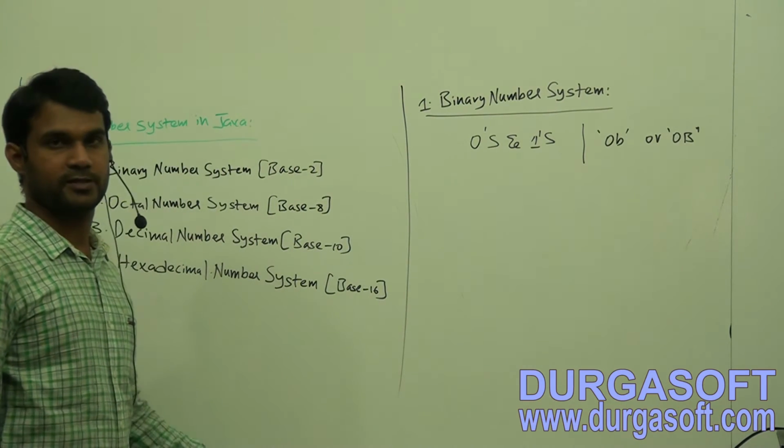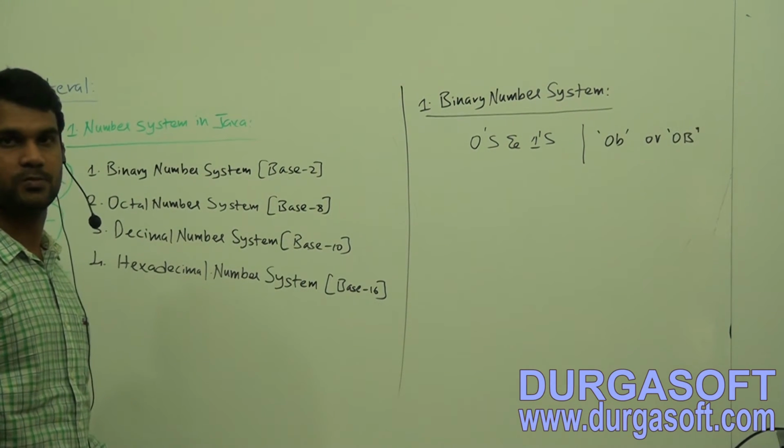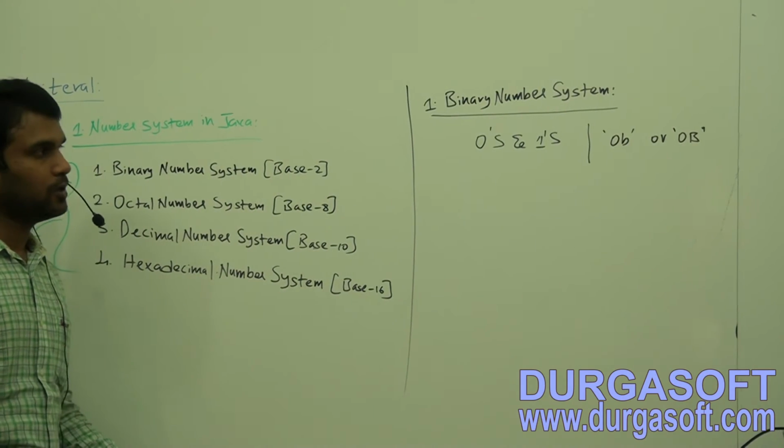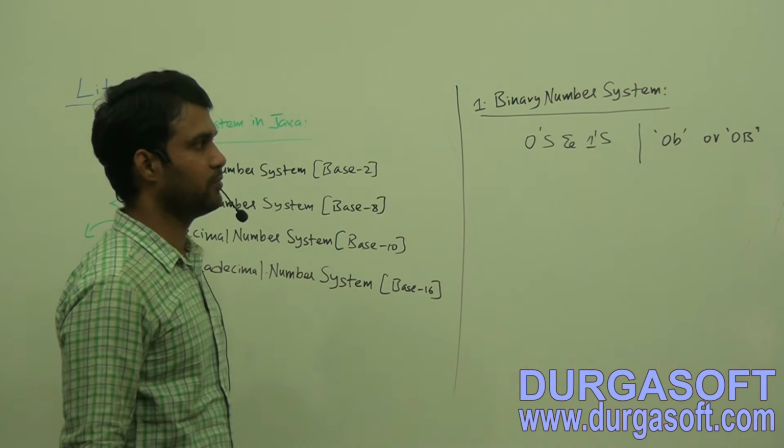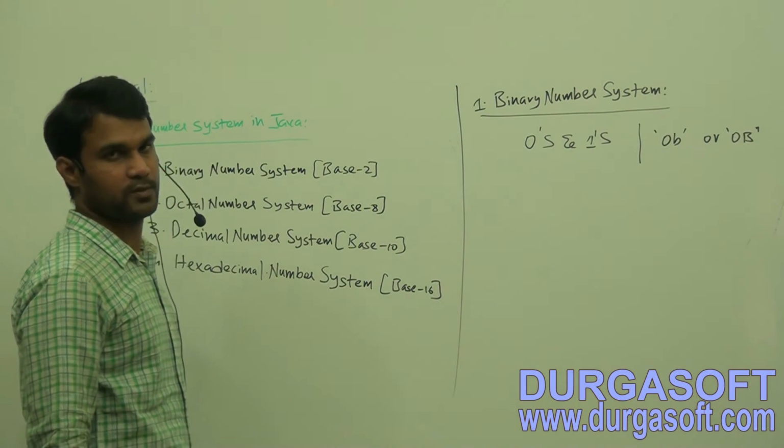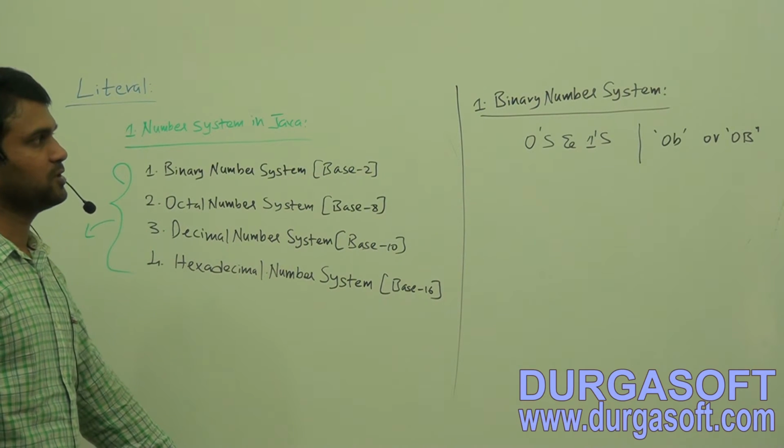Prefix means it has to start with. Either small b or capital B, I mean 0b or 0B. That's it. This is the binary number system.